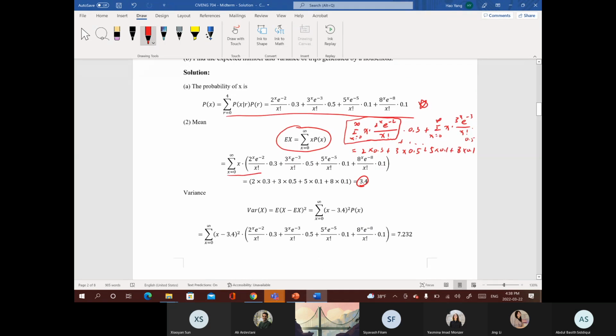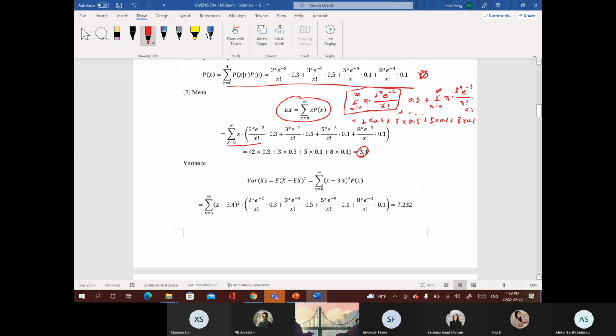So that's how you get the expected value of the distribution. Similarly, you can apply the process for the variance. It's a little bit tricky. What we can do is work on the variance for each component.